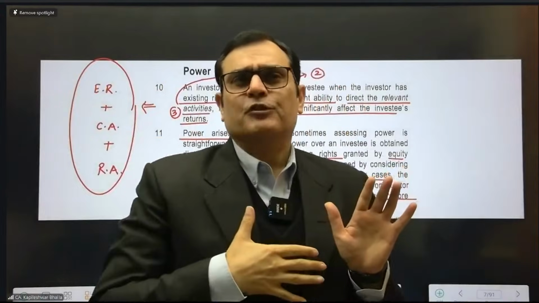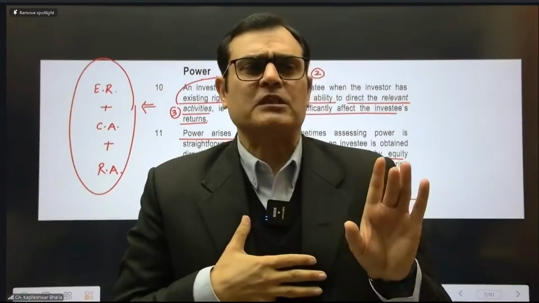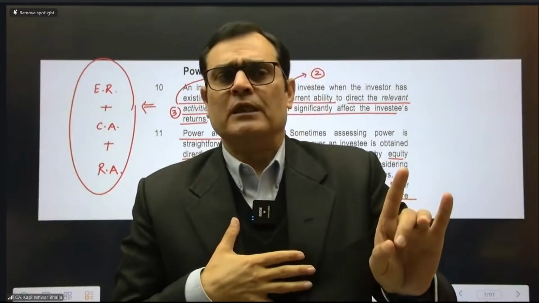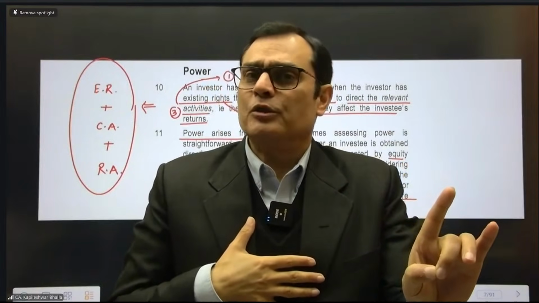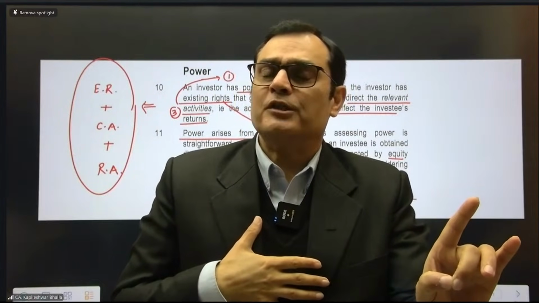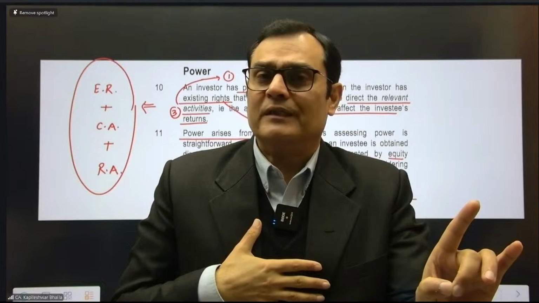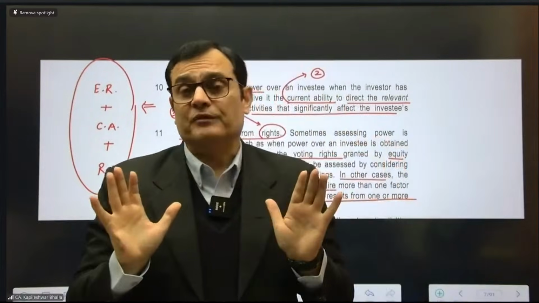So, which means if you say that as an investor, you have power, the first question I will put across is, do you have any existing rights? Are you an equity shareholder of the investee company? Or do you have the right to appoint or remove the key management personnel of the investee company? That would mean that there's some kind of rights that are with you.